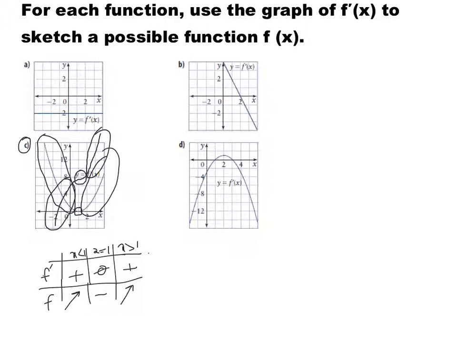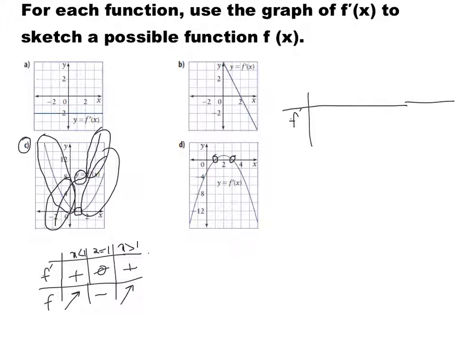The next question, which is D, is telling us to find the graph of function f of x. Again, we are going to find the points where f prime is 0. The points are here at 1 and 3. So I'm going to write the table again.